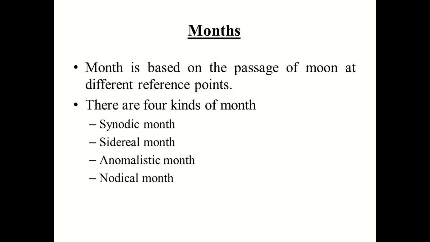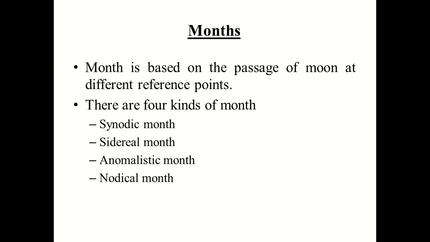Okay, in the previous video, we discussed the different years based on the position of the sun at different reference points. We have classified the year into three. Similarly, we can define the month based on the passages of the moon at different reference points.